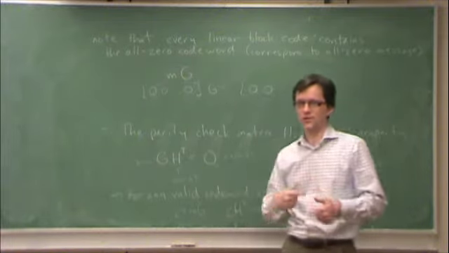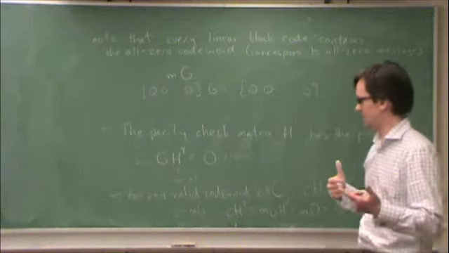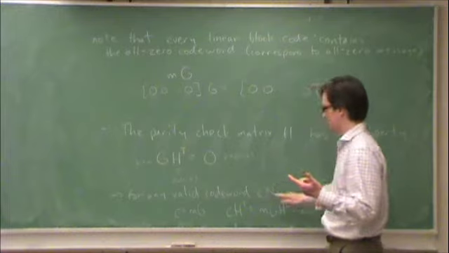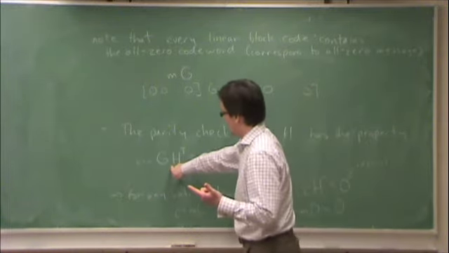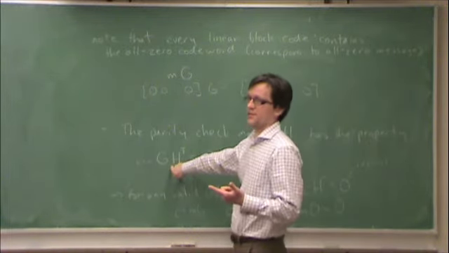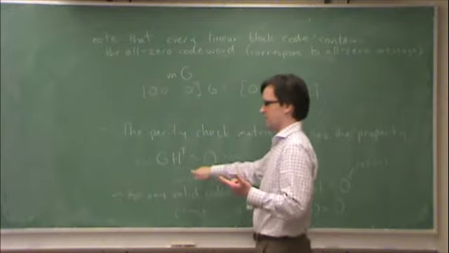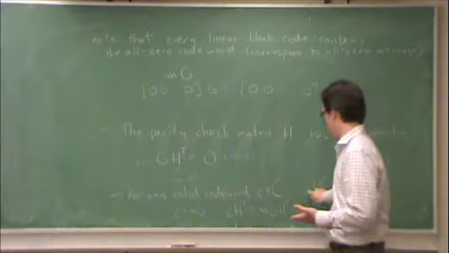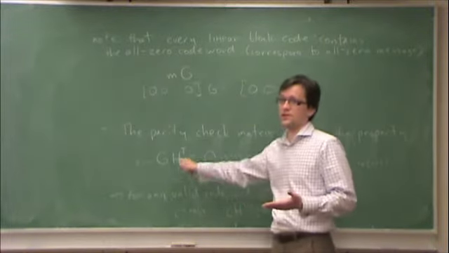H may be thought of as the dual to that space. So if I multiply any code word by the basis for the dual space, it's orthogonal to that space, because the dot product between C and all the basis vectors is 0.